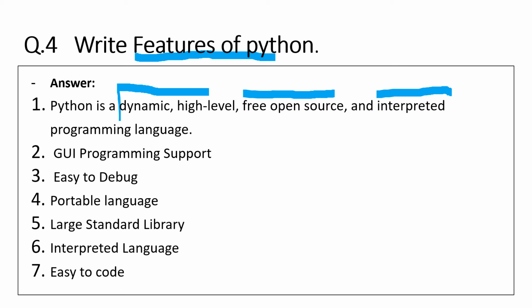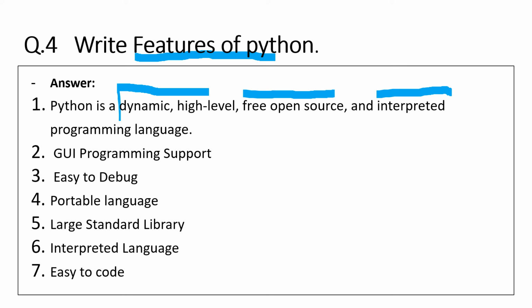Free open source means it is easily available on the website, and we can download it free of cost. Interpreted means Python is processed at runtime by the interpreter. Compiling a program is not required before executing it.